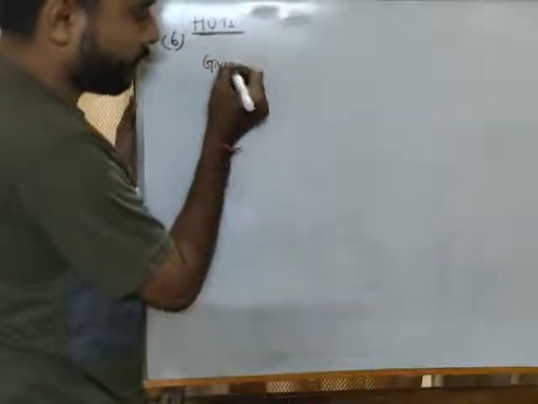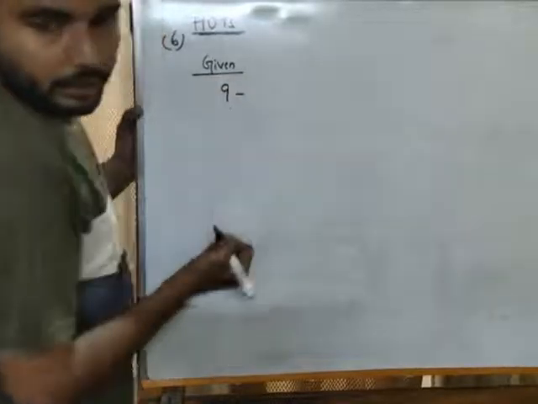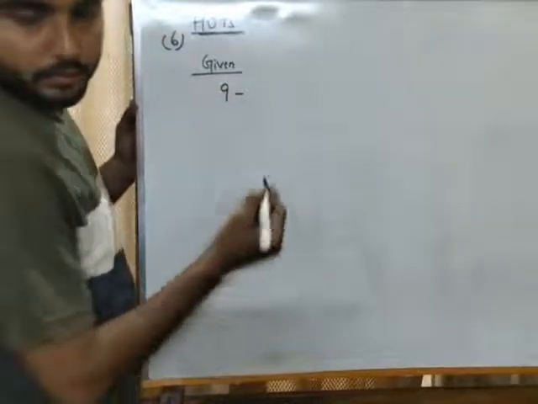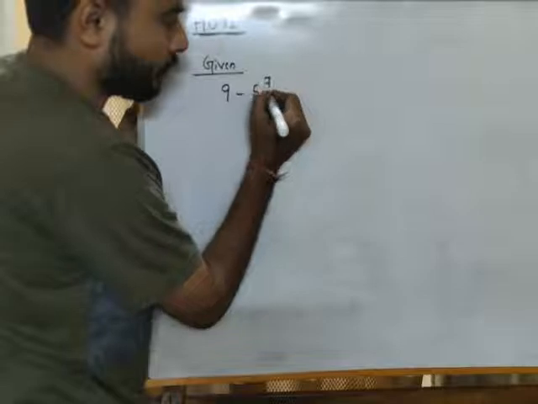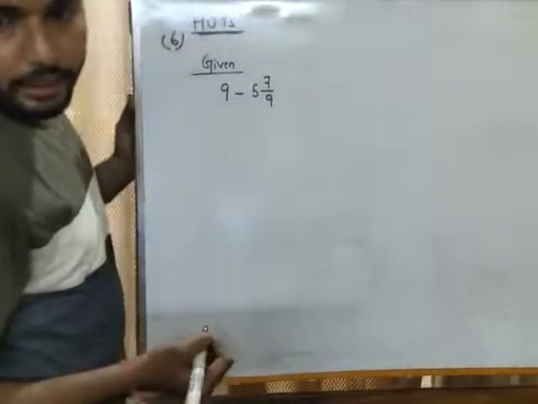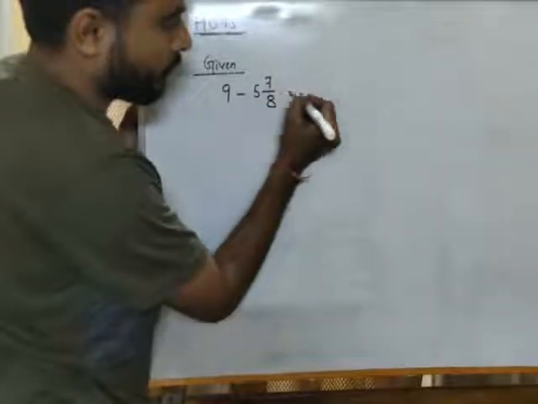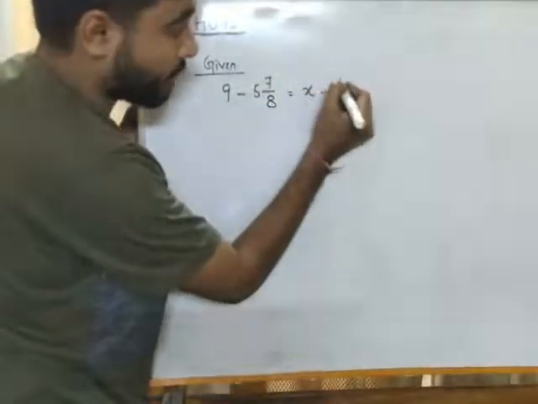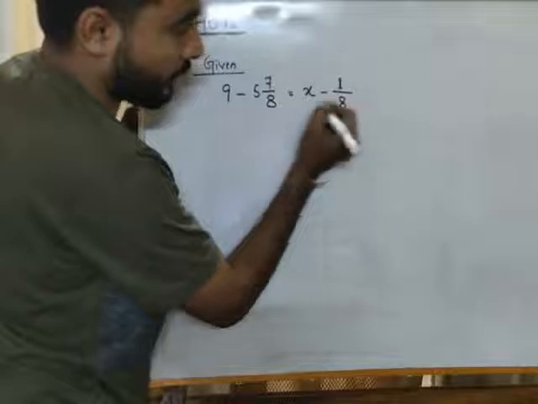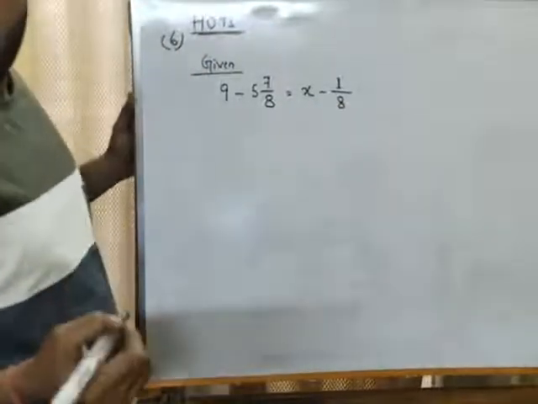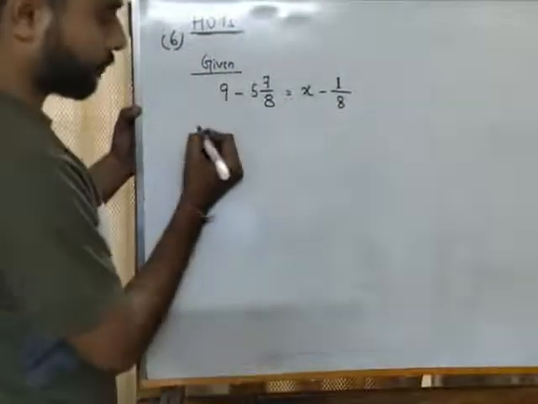So we are given 9 minus 5 7 by 8 is equal to x minus 1 by 8. The question wants you to find x.